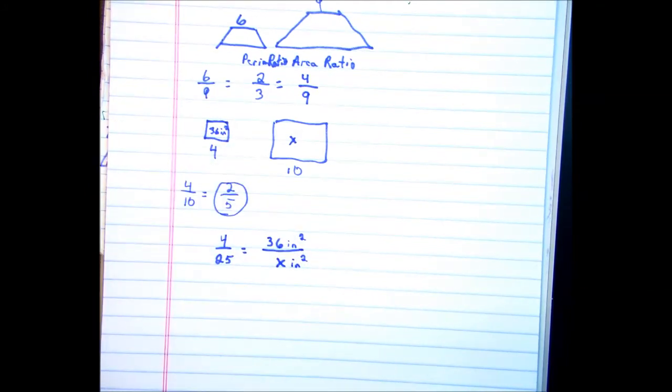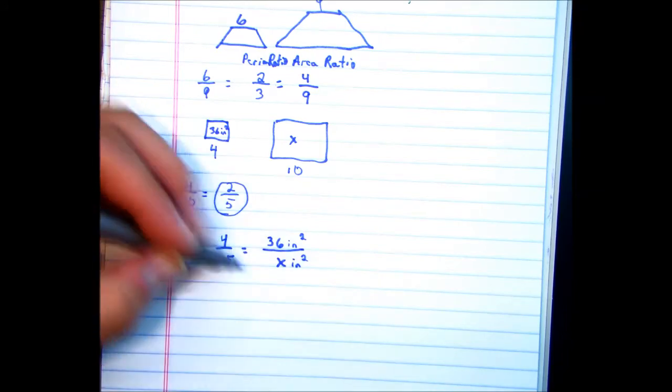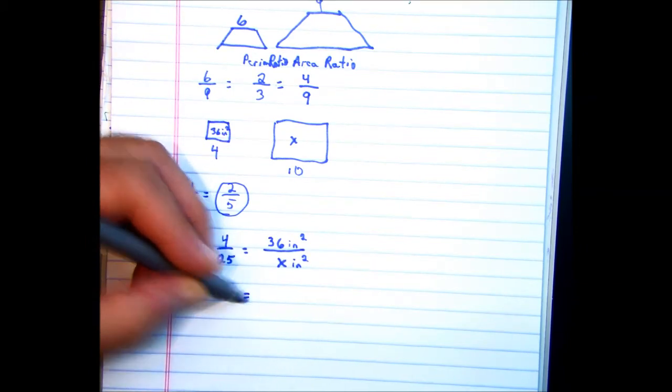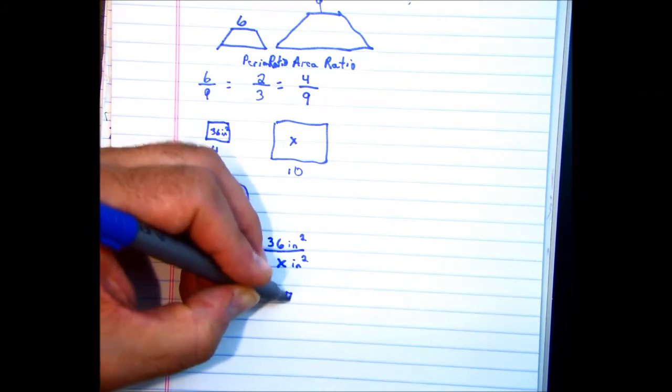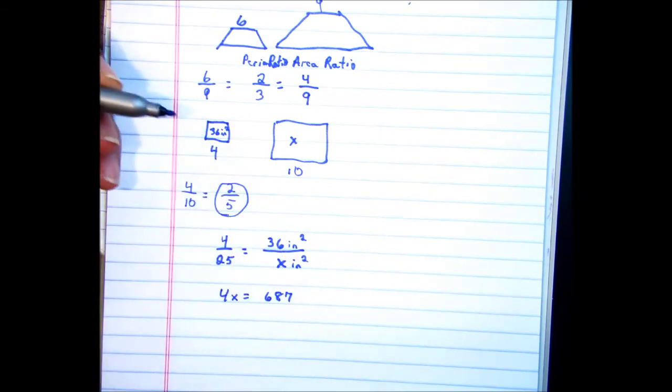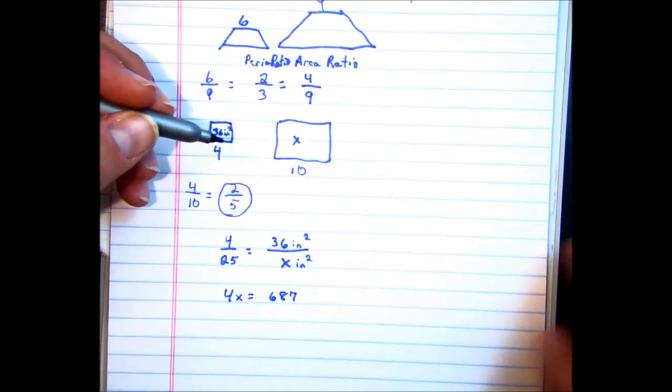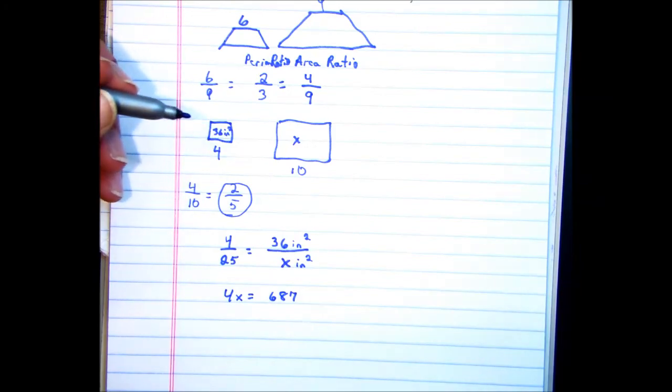Then who wants to tell me how we would solve these? Now this should be old school. What is this called? Correct, a proportion. How would I solve it? Cross multiplying. 4x equals 25 times 36.